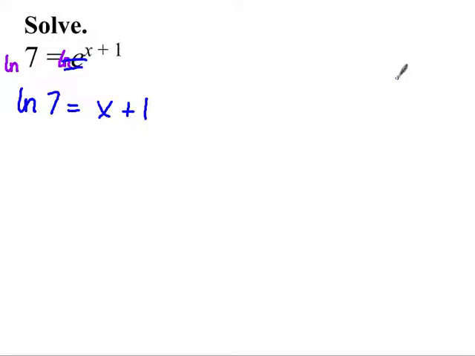Now the biggest thing you need to understand, obviously when we solve this we're going to subtract 1. This is not the natural log of 6. What you need to do is actually calculate the natural log of 7, whatever it is, and then subtract the whole number 1, and then that will be your value of x.